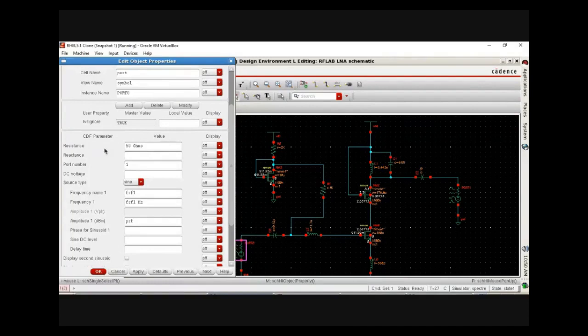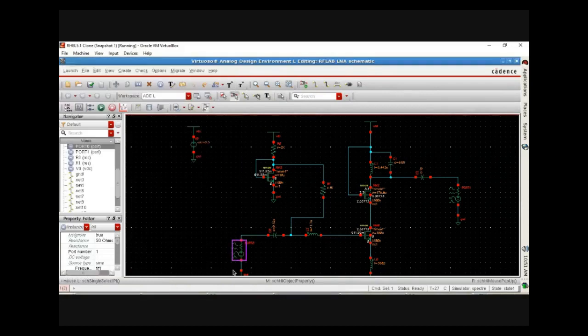I have kept the resistance of the port as 50 ohm, no reactance. The port number is 1, and the source type is sine, giving a sine wave. I'm naming the frequency FRF1, and the frequency value is also given as FRF1 only, because the value will be given later in the ADL window. The amplitude is given as PRF, which is the standard notation we generally use for simulations. I'm not giving the peak value, rather the amplitude in dBm, and I'm calling it PRF.